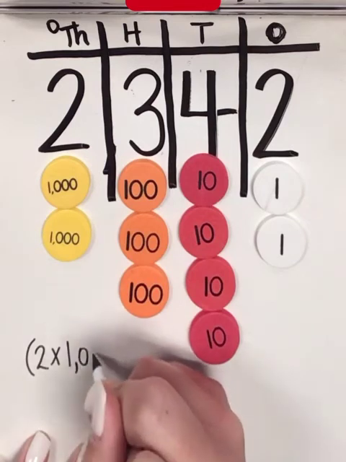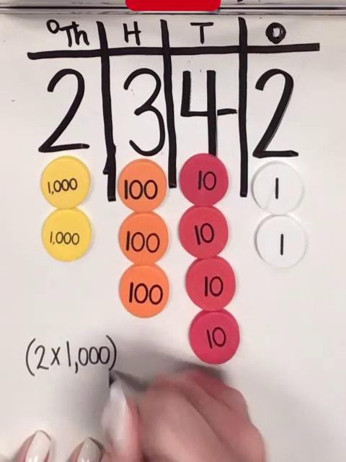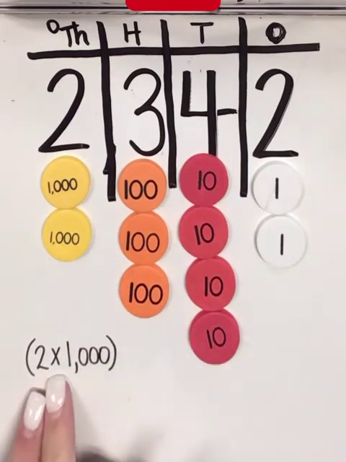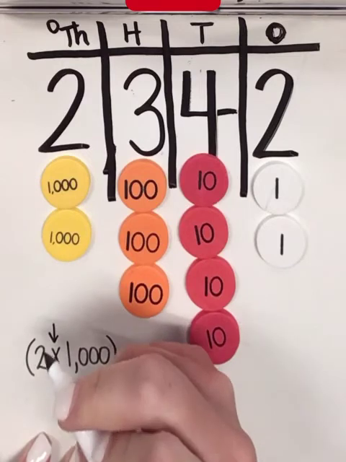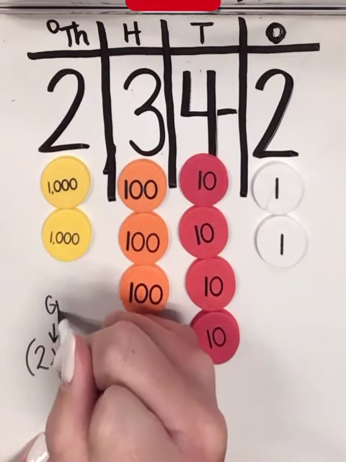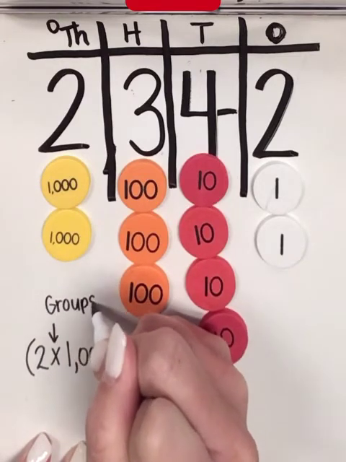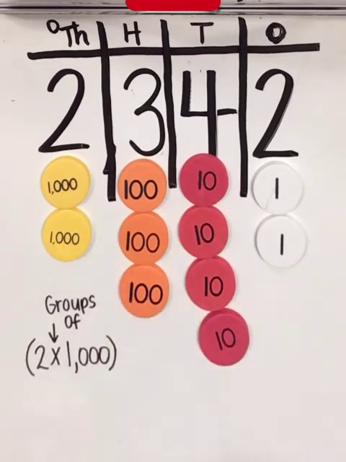I want you to focus right here on this multiplication sign. I use this multiplication sign because this represents groups of. Look right here: I have 2 groups of 1,000.